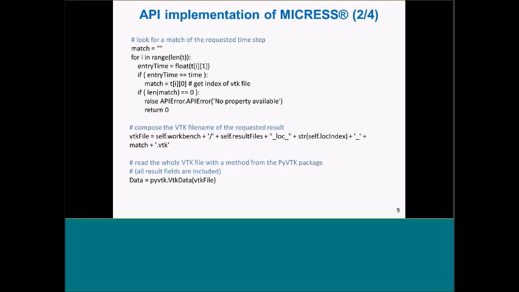We have to find a match for the requested time step in the list of VDK files, and then the most interesting part is just one line. It's from the PyVDK package to read the whole VDK file in the MuPIF framework, or in the interface, and that can be a few megabytes or a hundred megabytes for one time step. So here it has to be taken care of.